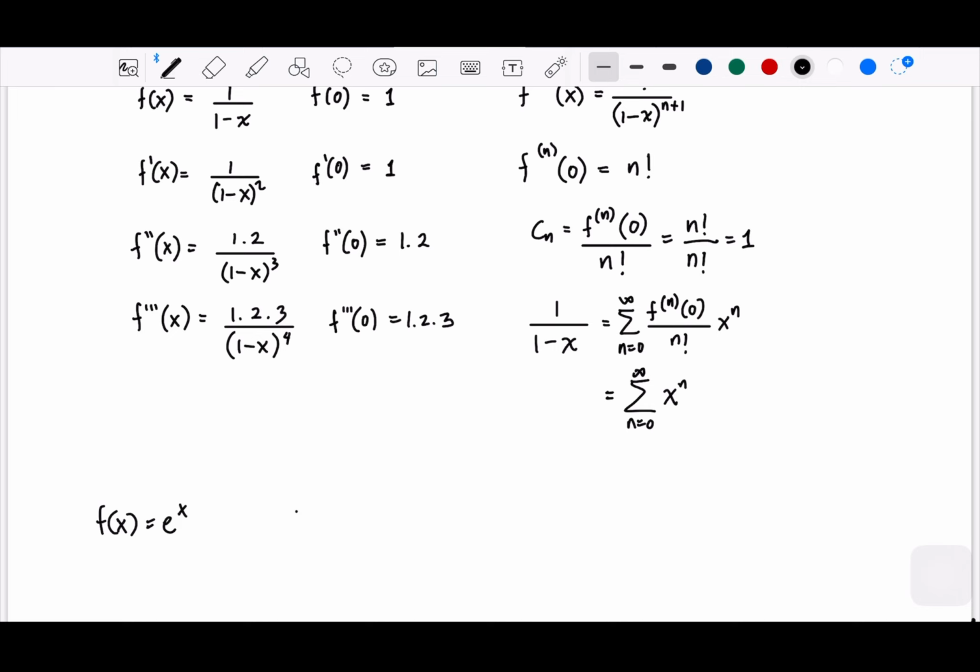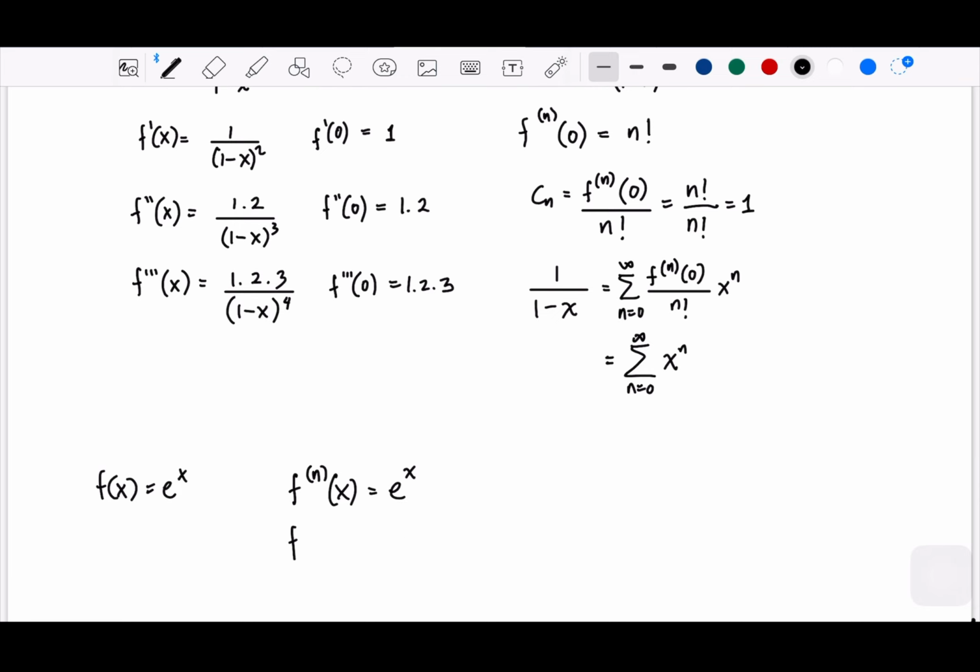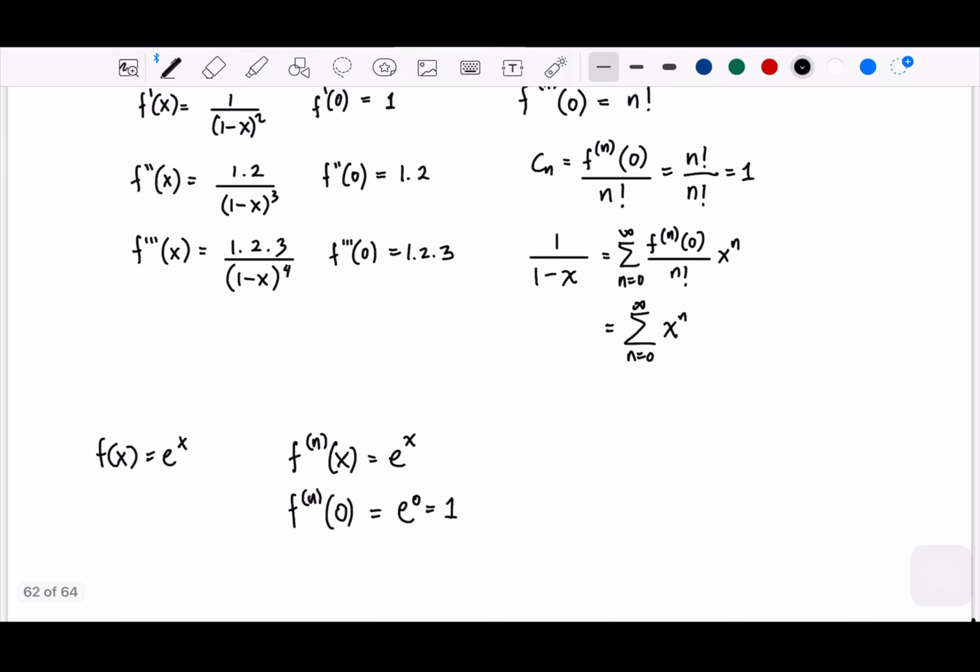So we can write the f with derivative n of x is still e with power of x. So if we take the value of 0, then it will be 1, for all n.